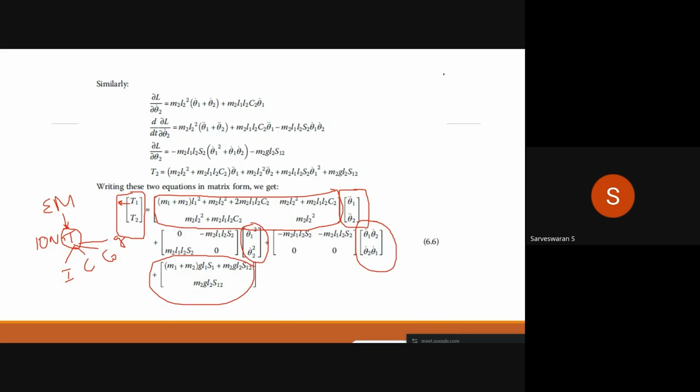If you get T1 and T2 as, for example, 10 and 5, what that implies is that you should select a motor with torque above 10 newton meters.